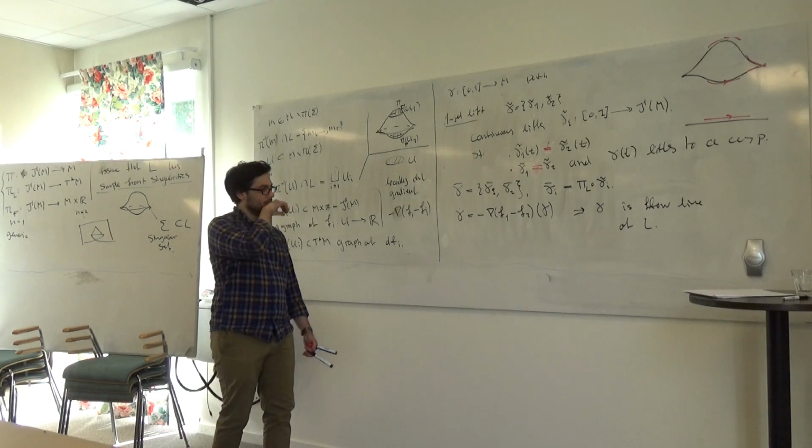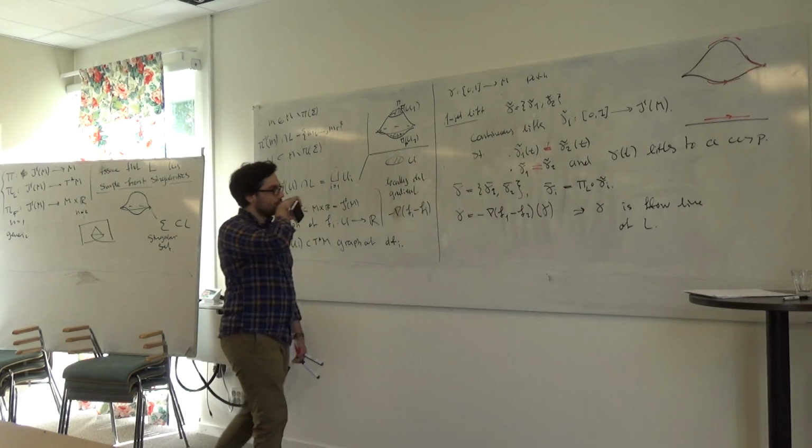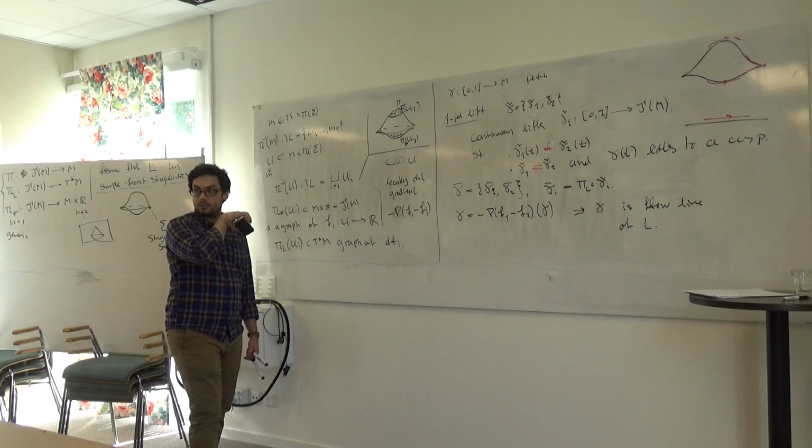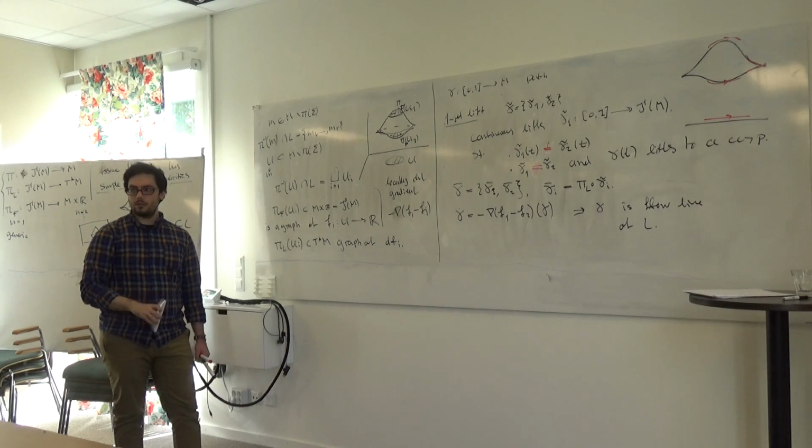Yeah, sorry, I'm just saying it's not what's written there. If gamma 1 is equal to gamma 2, then gamma t is... Yeah, maybe. I think maybe it means that. That would make sense when they meet at the cusp.